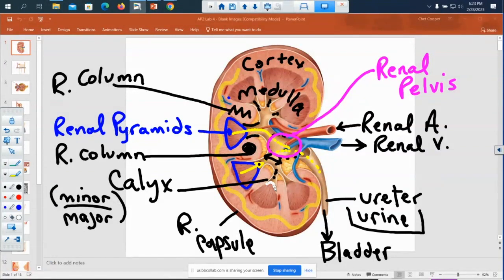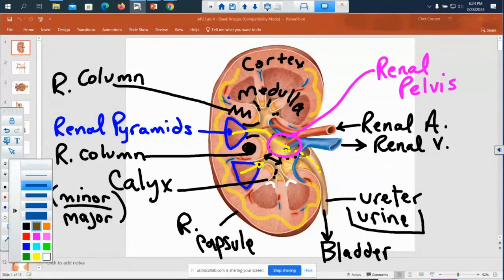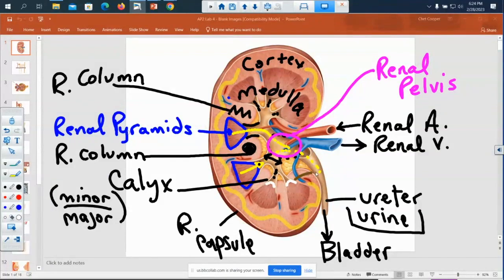There's the little tip, there's the little tip. Renal papilla. The renal papilla. The little tips that I drew in white there.